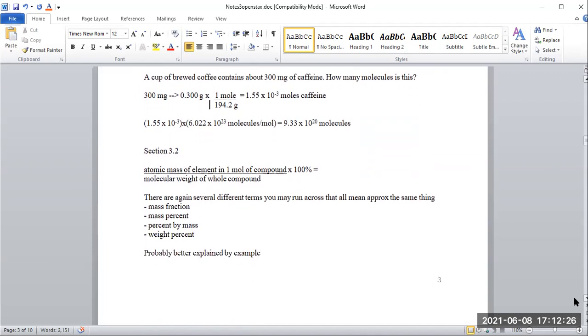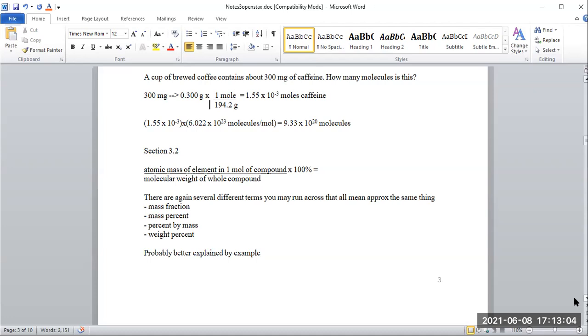So if you take the atomic mass of one of the elements, if we were doing it for the caffeine molecule, we might maybe pick on carbon, and you put it over top of the molecular weight for the whole molecule, and then we multiply by 100 so that it is not a literal flat fraction, so that it actually looks like a percentage. But you may see them referred to by any one of these 4 different terms.